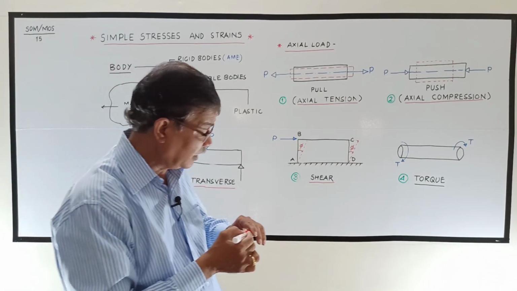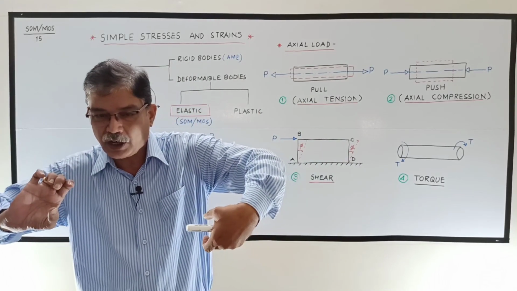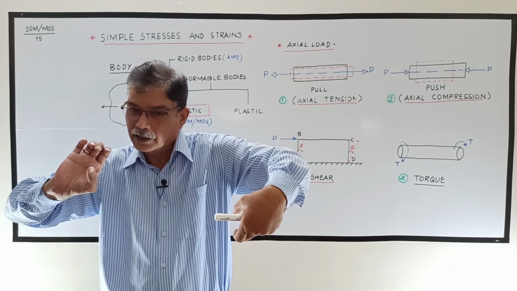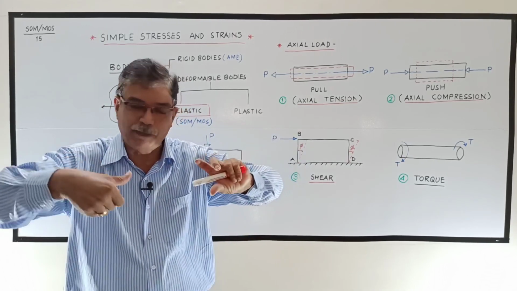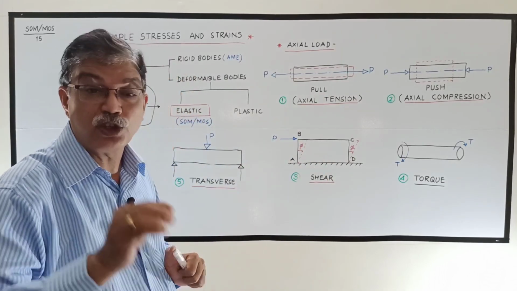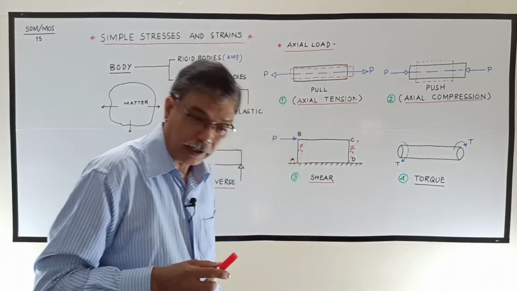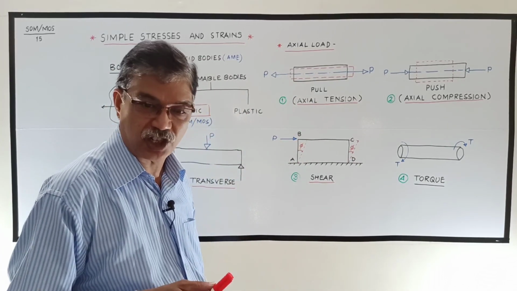And if I say this is phi, then this phi will be the angular deformation. Whenever you are applying a torque, as I told you, when rinsing the cloth after washing, you are applying the couple moment here like this and here like this. So they are opposite. That is known as twisting. Due to twisting load, the deformation will be in the form of twisting.